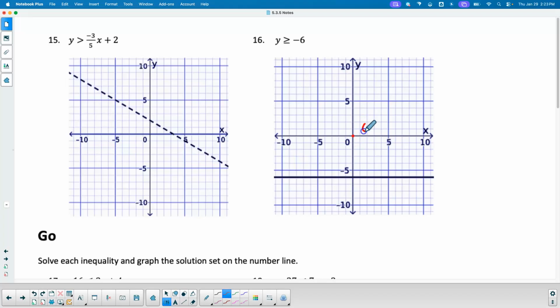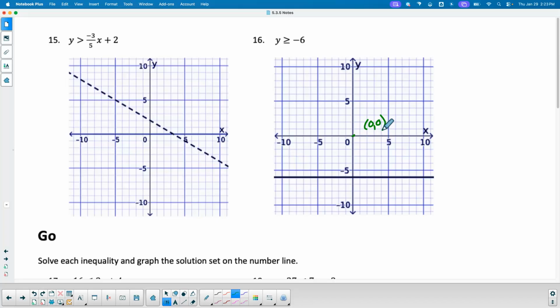If your line doesn't go through the origin, pick the origin for sure. Then you're going to plug 0 in for x and 0 in for y.